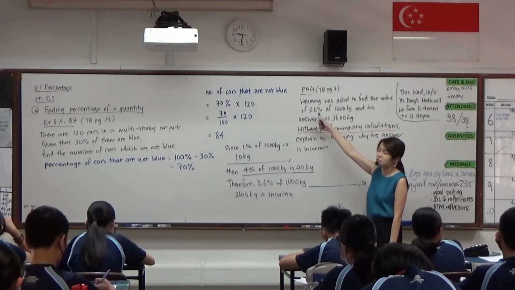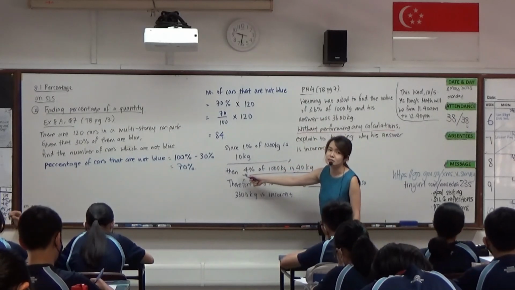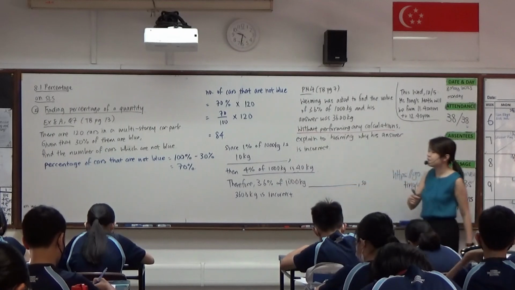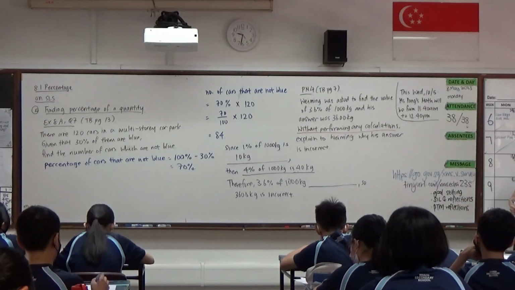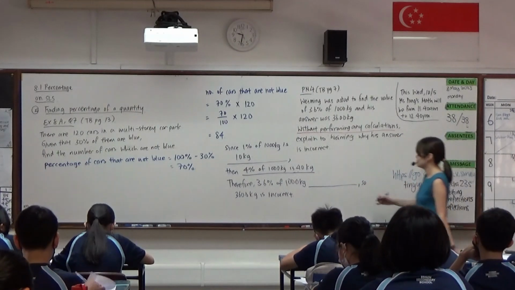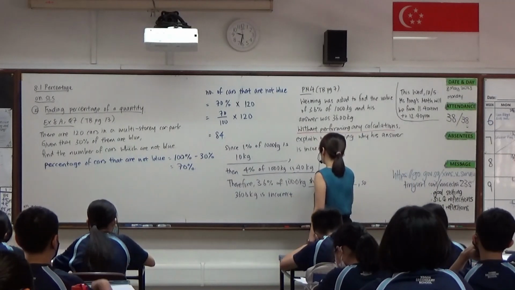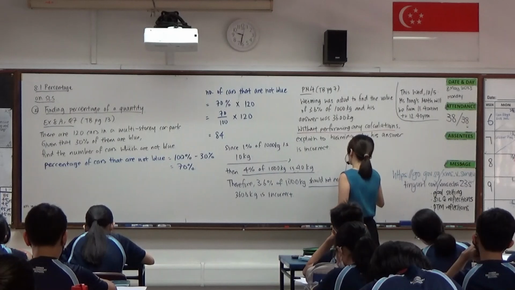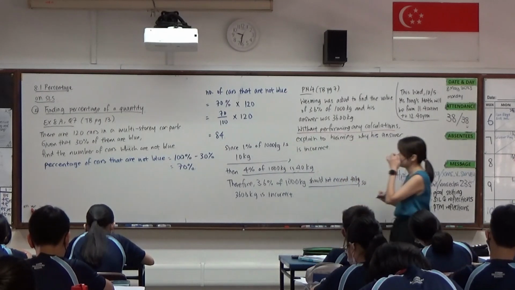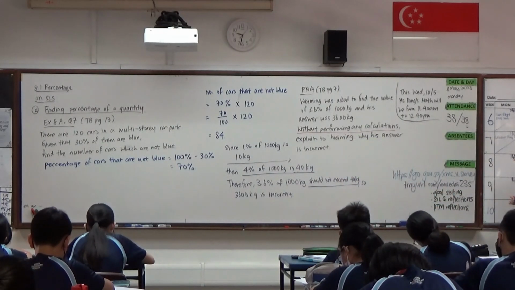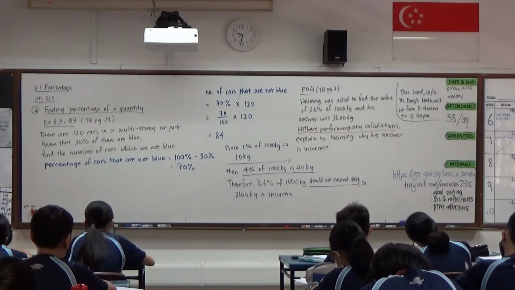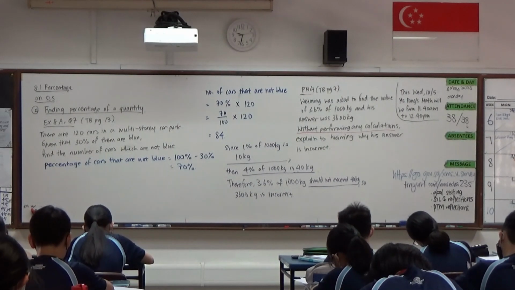This is 3.6%, slightly less than 4%, so it cannot be more than 40 kg. Therefore 3.6% of 1000 kg should not exceed 40 kg. So 3600 kg is actually incorrect.